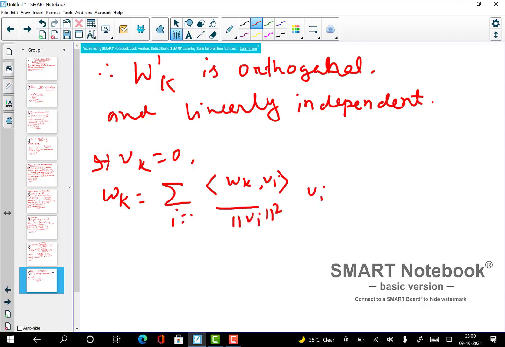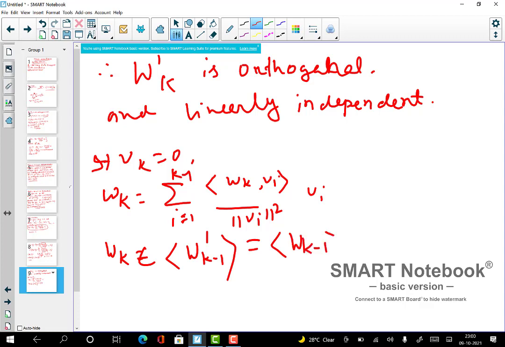I equal to 1 to k minus 1. So what does that mean? That means Wk actually belongs to the span of W dash k minus 1. By the induction hypothesis this is the same as the span of small w1 to w k minus 1.